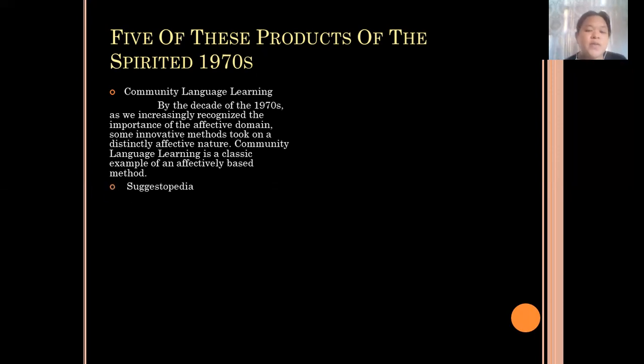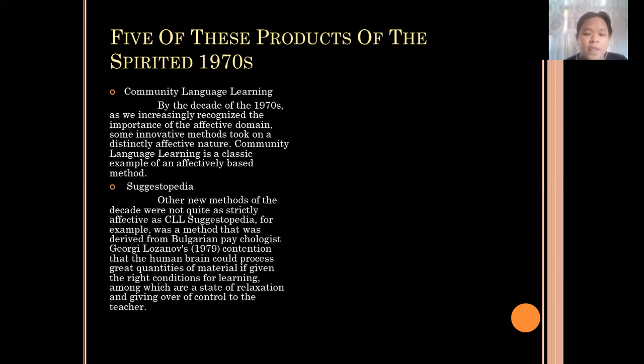The next is Suggestopedia. Other new methods of the time were not quite as strictly affective as CLL.